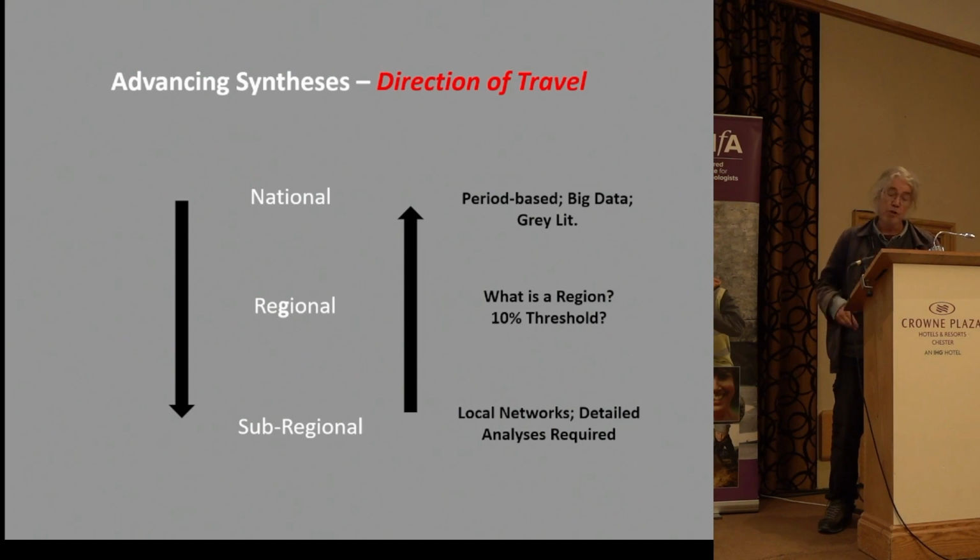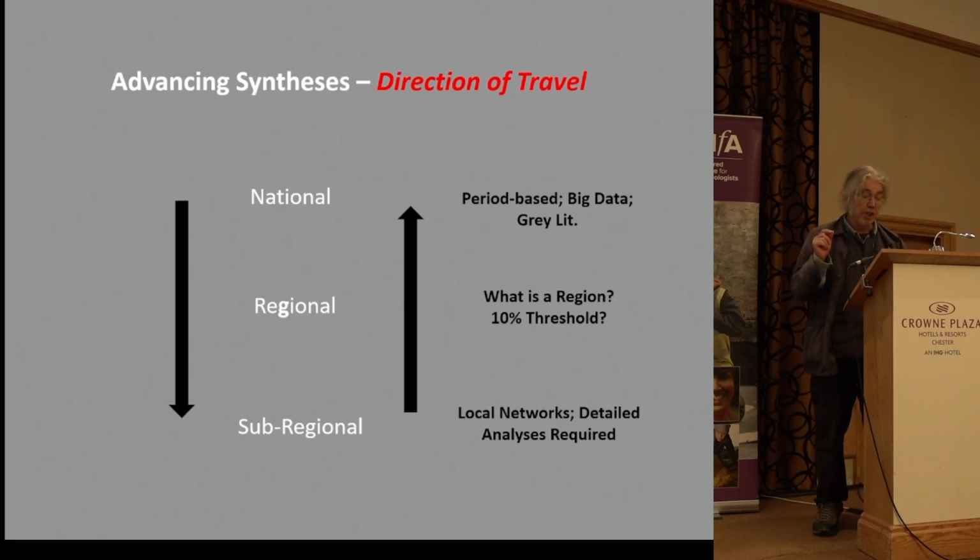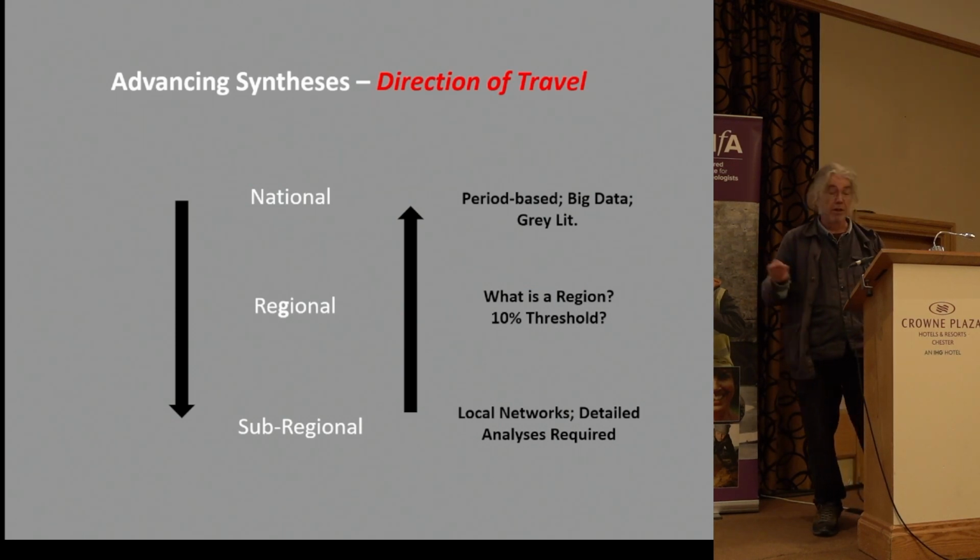Finally, what is the direction of synthetic travel, and is it envisaged as a bottom-up or top-down process? And do they dovetail? It's crucial that we acknowledge their differences. The national level is generally very expensive.